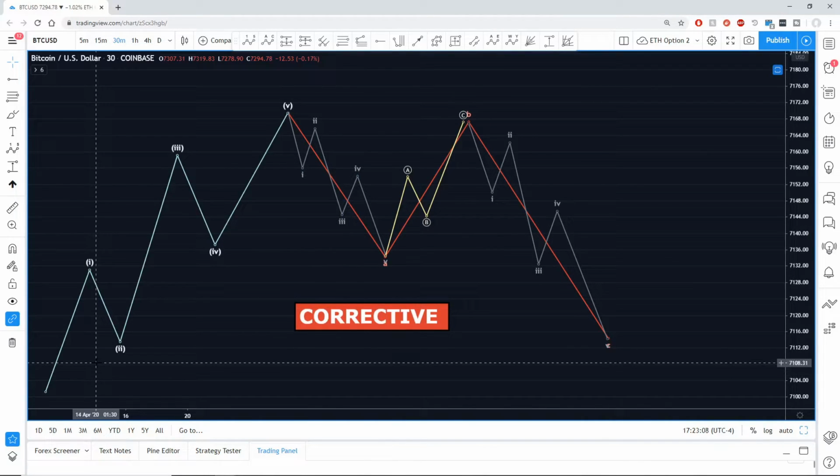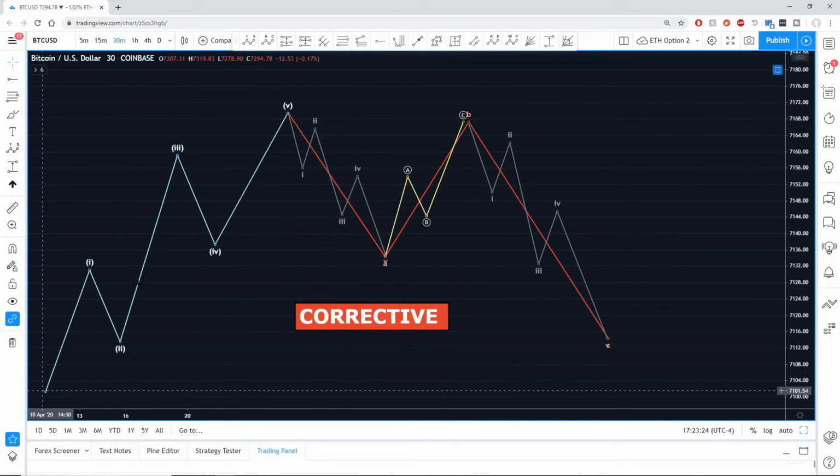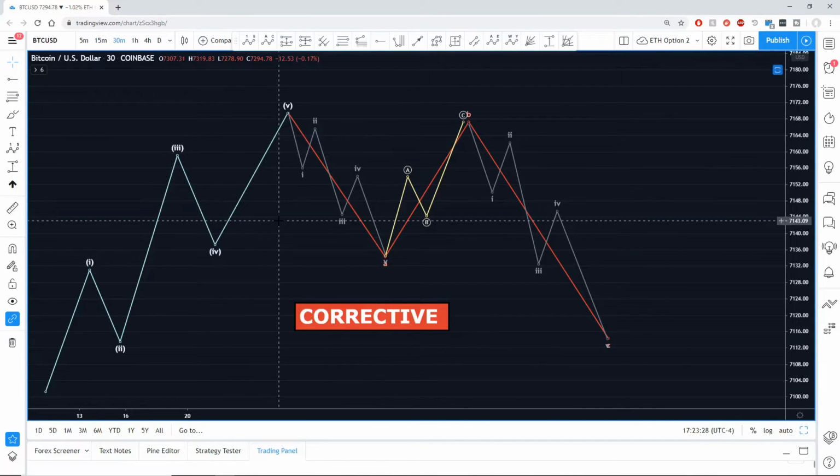So in summary, when we have an impulsive or actionary wave, it's in the same direction as the trend 1 degree higher than it. So this blue 1, 2, 3, 4, 5 is upwards. The trend of the degree above it is upwards. This is making an impulse that would then propel us forwards again with the next impulse of 1 degree higher. This is the 1 wave, the 2 wave, and the 3 wave would send us even higher.